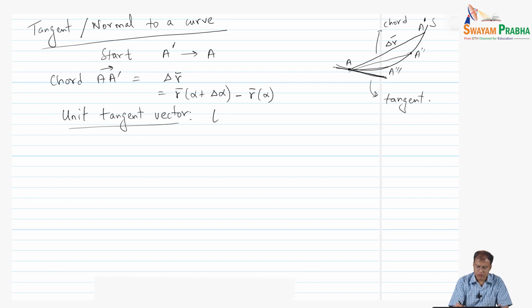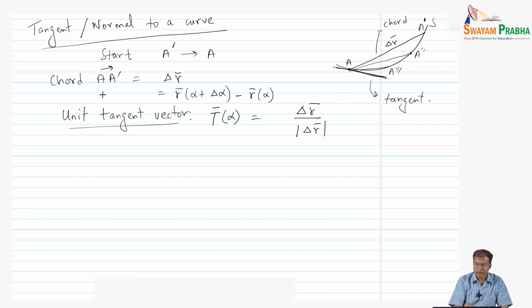Let me denote this unit tangent vector by capital T of alpha. So T of alpha is going to be delta R, and since it's a unit tangent, I divide it by its magnitude, which is the magnitude of delta R.